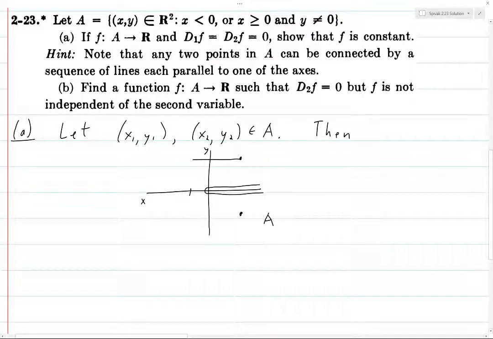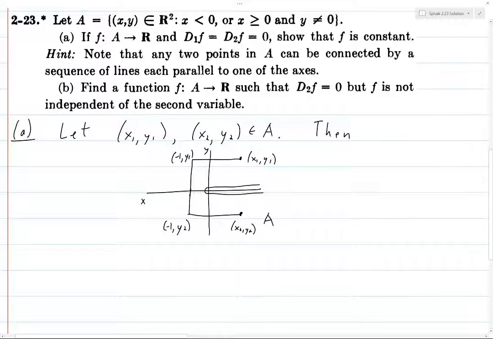We make a path from the first point to the second point. If this is (x1, y1) and this is (x2, y2), then this point up here is (-1, y1) and this is (-1, y2).